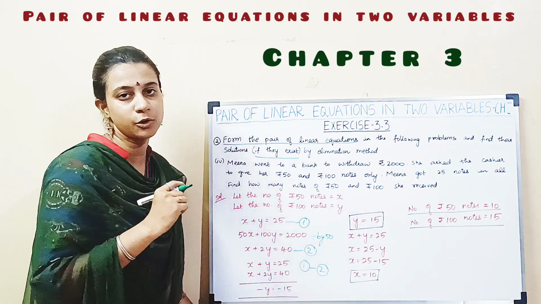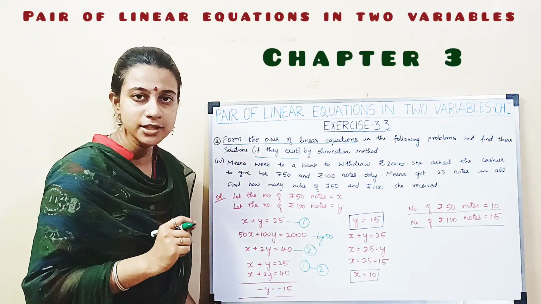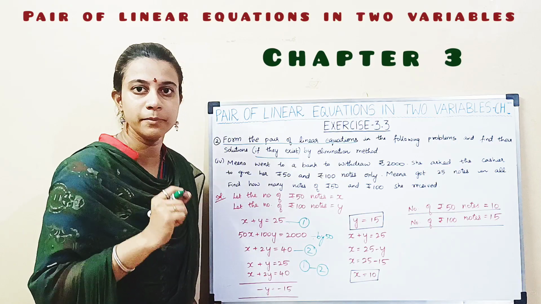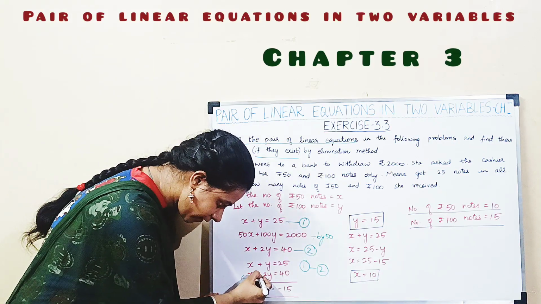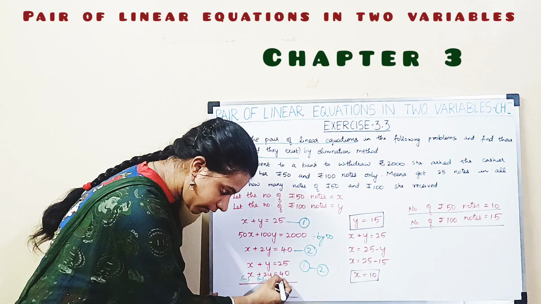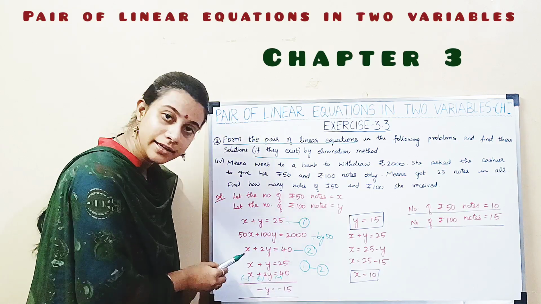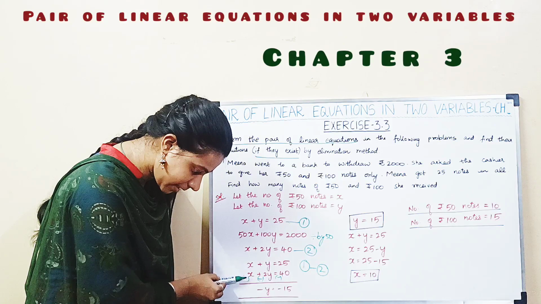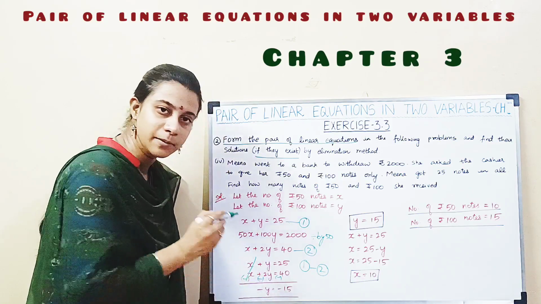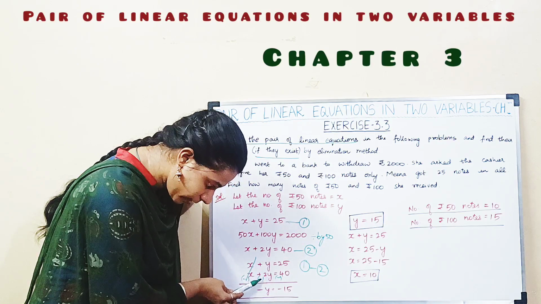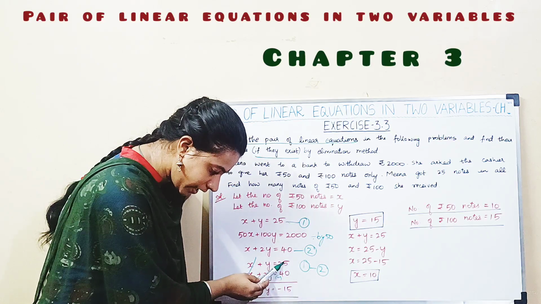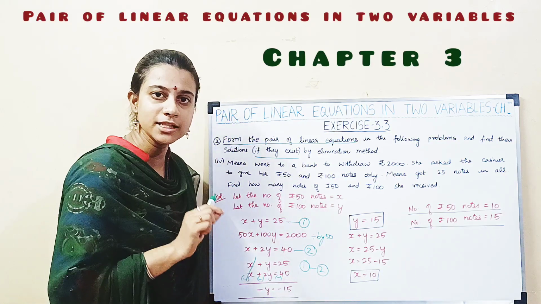Whenever we subtract equation 2 from 1, the signs of the terms of equation 2 will be changed. So plus x will become minus x, plus 2y will become minus 2y, and plus 40 will become minus 40. Here, since we are getting plus x and minus x, the variable x will be eliminated, and we proceed with y minus 2y is equal to minus y, and 25 minus 40 will be minus 15.